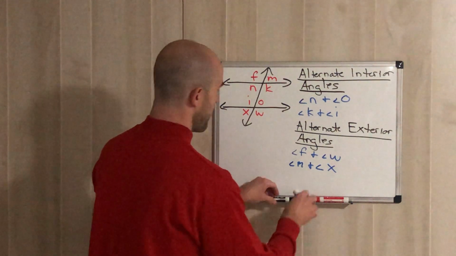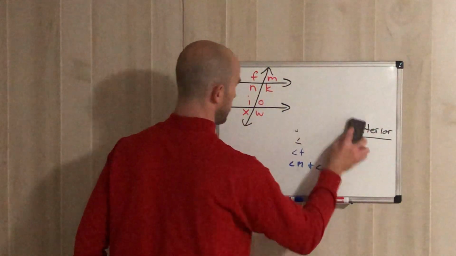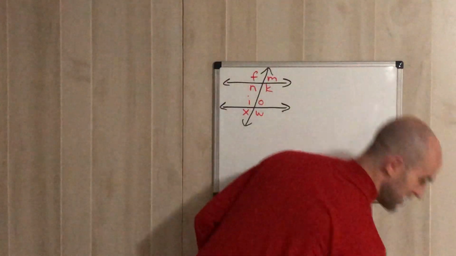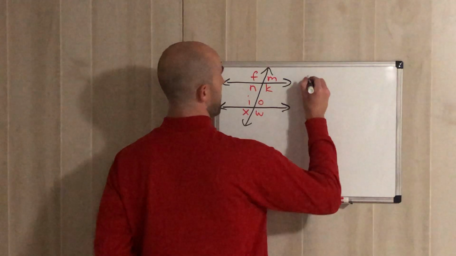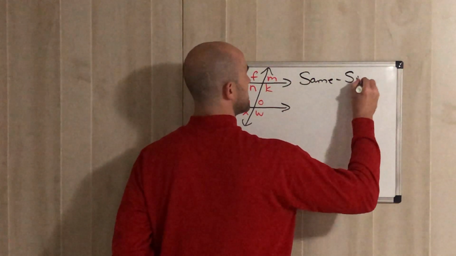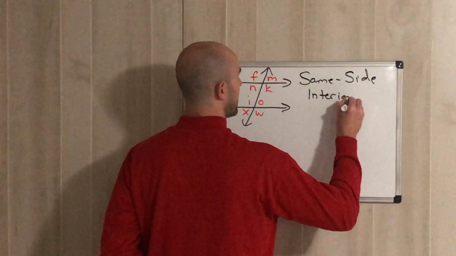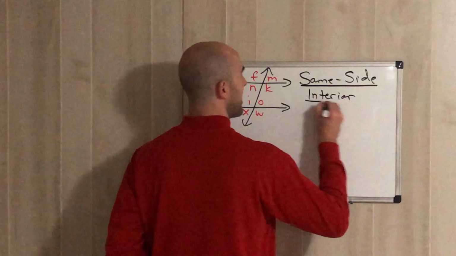And then the last type of angle is called same side interior, which is usually one of the easiest ones to see, just by the name of it alone. Same side interior literally means they're on the same side and on the inside.